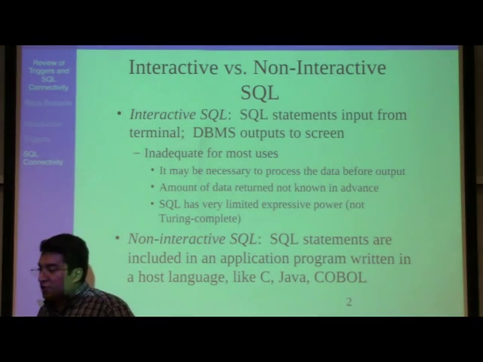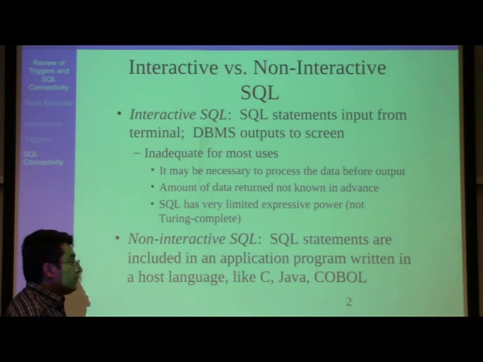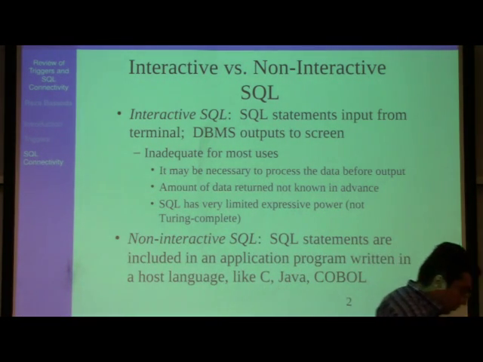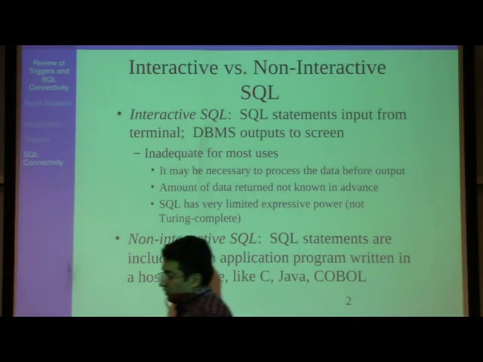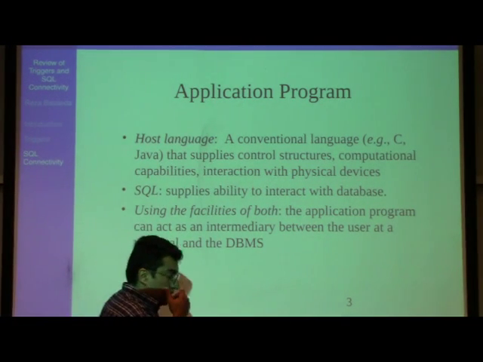One way is using non-interactive SQL, which means that we are using SQL statements included in an application program in another language. In this case of application, we will have a host language.